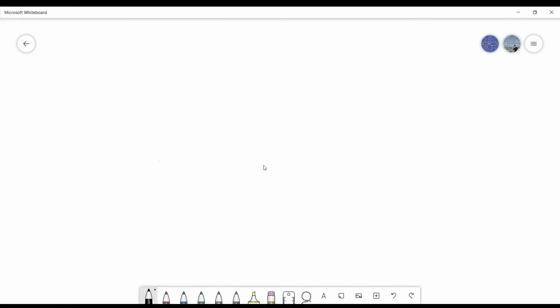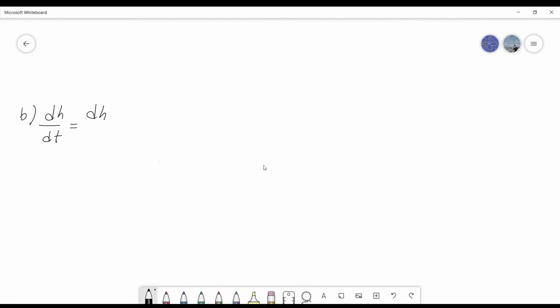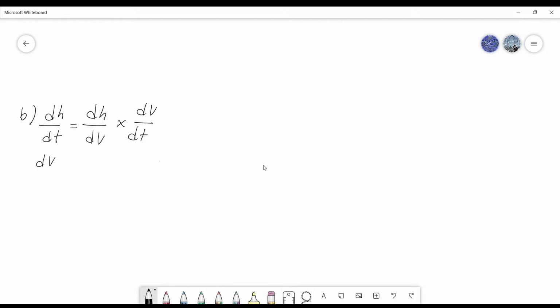So we know that we need to find dh over dt. The missing piece is dv. We just know about dv over dt because it's in here, the rate. So we write here dv over dt equal to 8, and we need to find dh over dv.